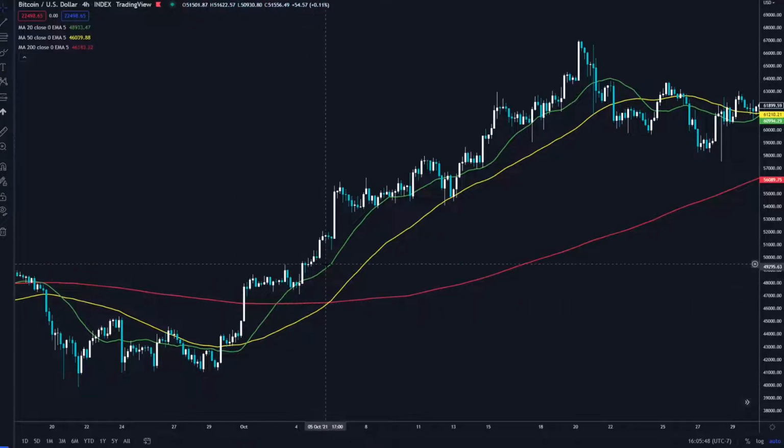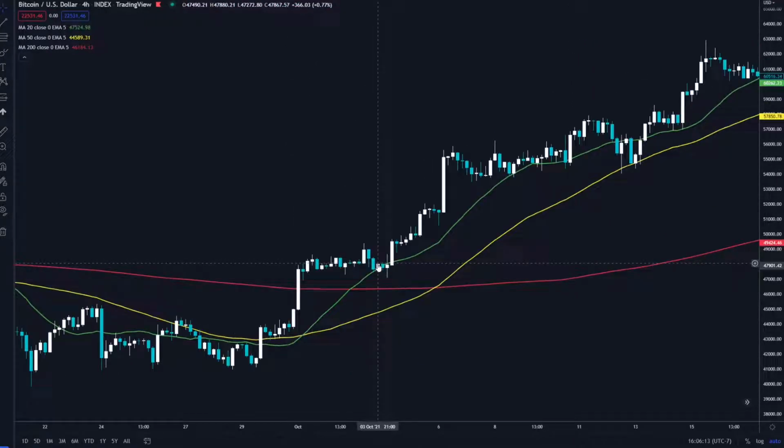The 20 EMA needs to be above the 50 EMA, and the 50 EMA has to be above the 200 EMA. So you want all the EMAs in order, 20, 50, 200, and the price has to be above them all, pull back into the 20 EMA, and then close above. And you enter on the candle close.